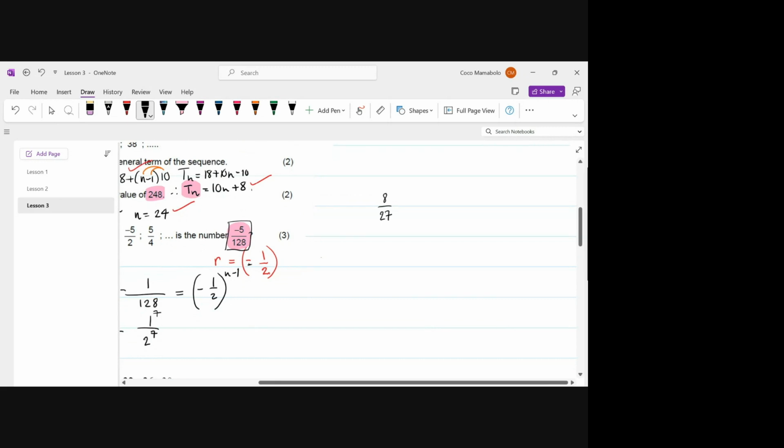What I can do with 8 over 27 is I can rewrite this as 2 to the power of 3 over 3 to the power of 3. And as soon as these two things have the same exponent, I can take that exponent out as a common factor. So I can do this: (2 over 3) to the power of 3. Okay. Everyone okay with that? Thumbs up? Are we all good?